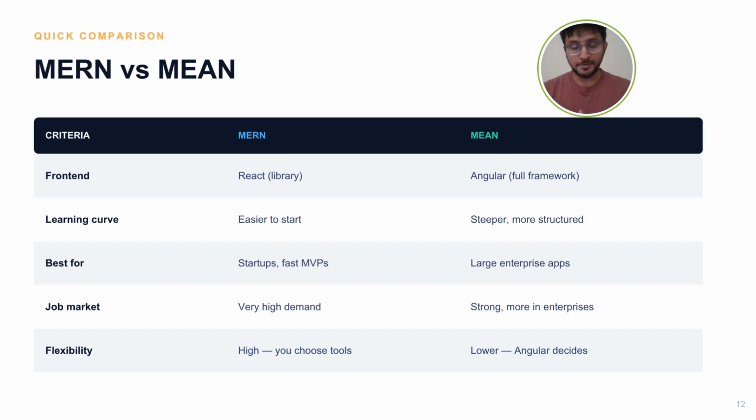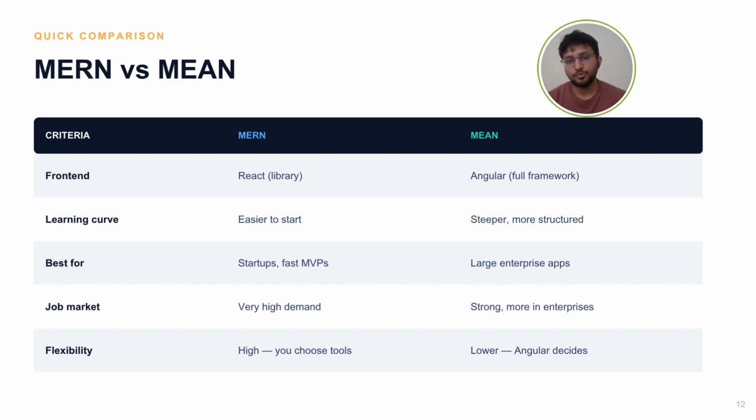We'll talk about the difference between MERN and MEAN. MERN is quick and genuinely easy to start with, and extremely flexible, so it's great for startups and fast MVPs. MEAN uses Angular, which has a steeper learning curve but gives you more built-in structure, which tends to be preferred for large enterprise systems. Job-wise, MERN is currently in higher overall demand, but MEAN is also strong, especially inside bigger companies.